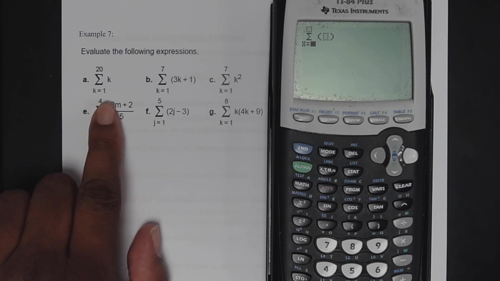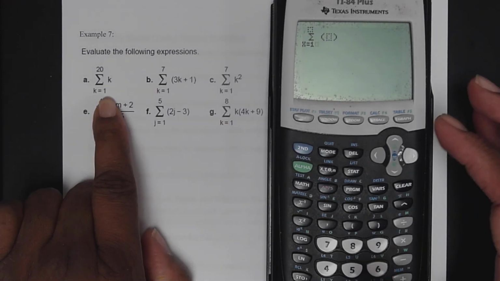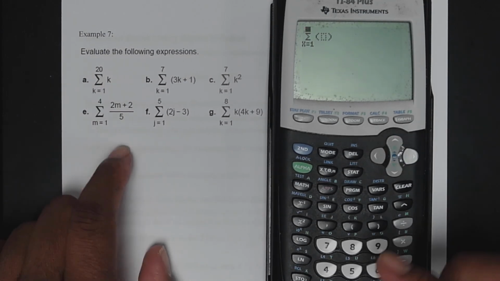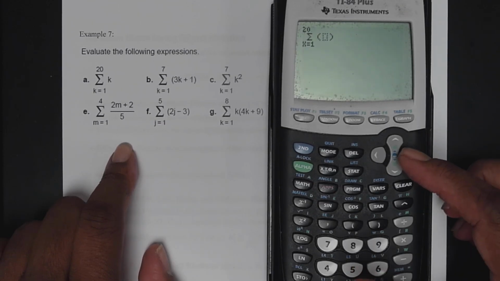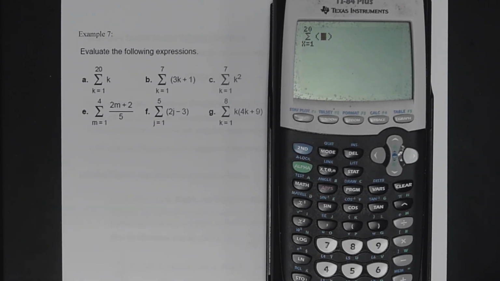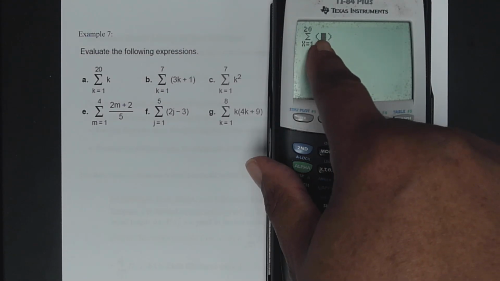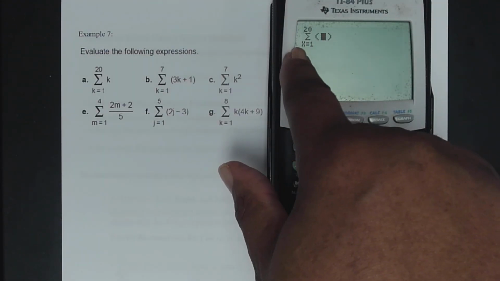And then it's equal to that lower limit, which is your 1. You'll type that in. And then use your up arrow key to go to the upper limit part. In this case, that's 20. You'll type in 20. And then use your right arrow key to put the cursor inside the parentheses. In this case, the variable that you put here has to be the same.